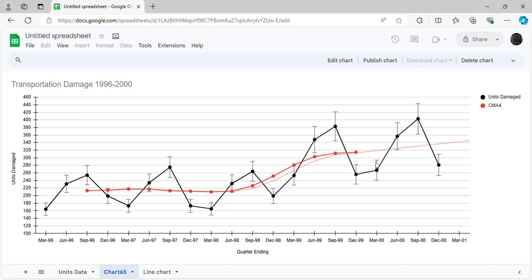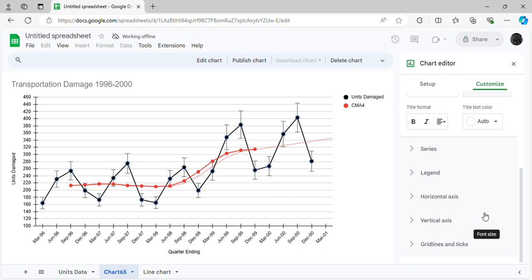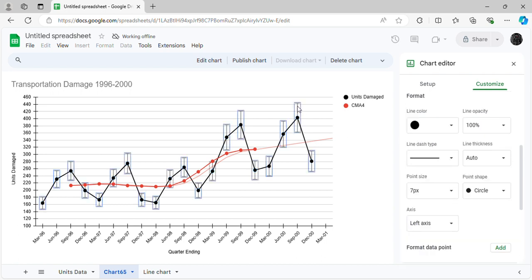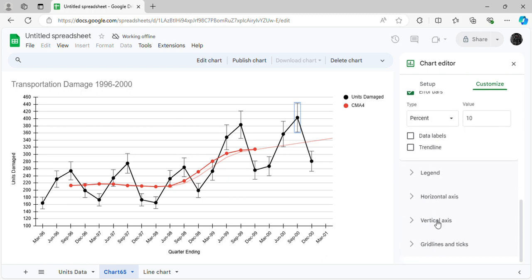Okay, so it's added. Now what we do is change these data point colors. Before that we want to remove these error bars.